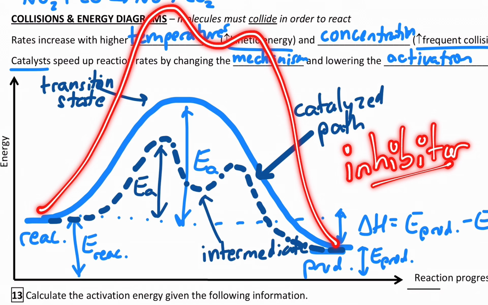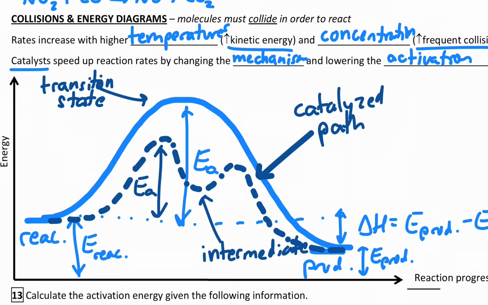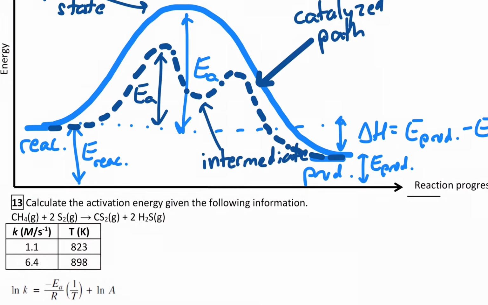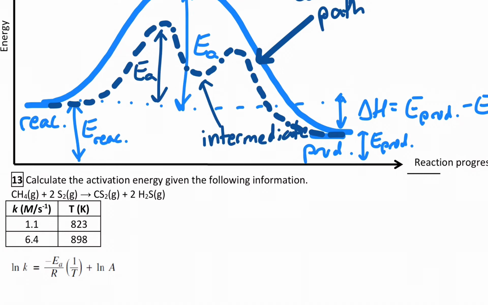So we intentionally add things to make them slower. You still get a new mechanism, you get intermediates, you get different activation energies, but it's now slowed down. Chemists don't always want reactions to be faster. Sometimes we want them to be slower, but catalysts and inhibitors, kind of the same thing, just different definitions based on who speeds things up and who slows things down.